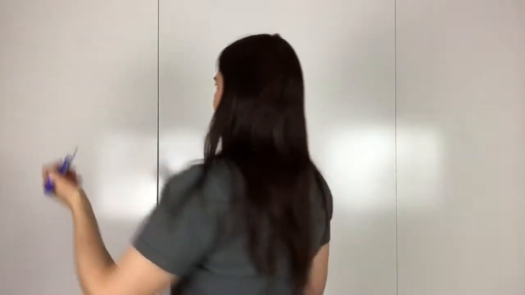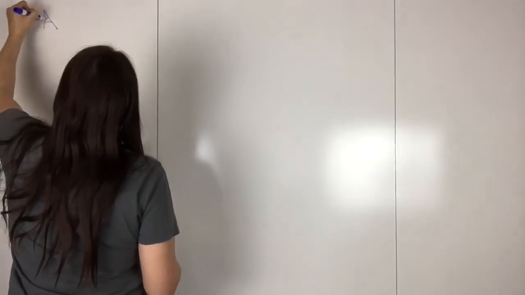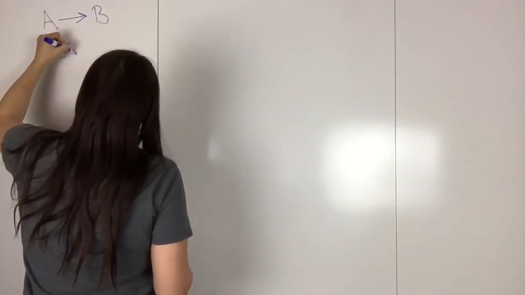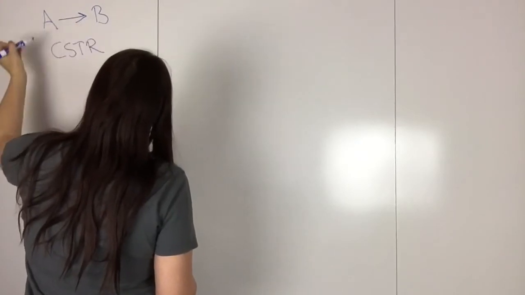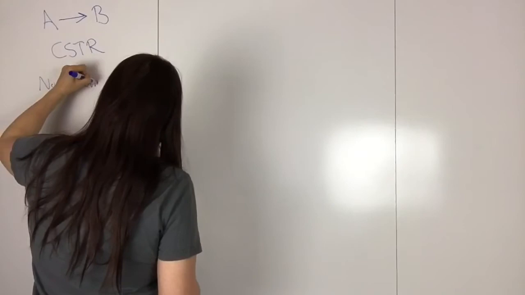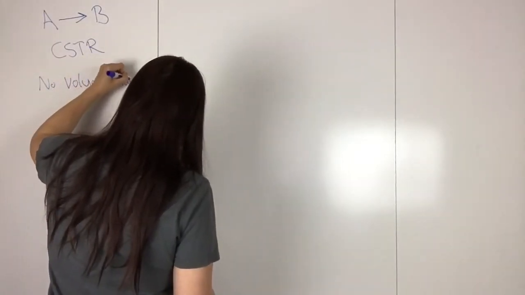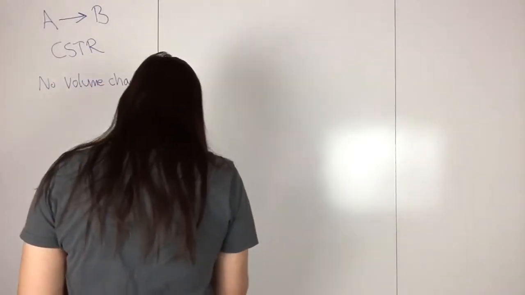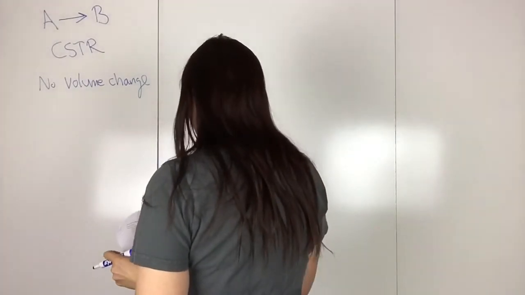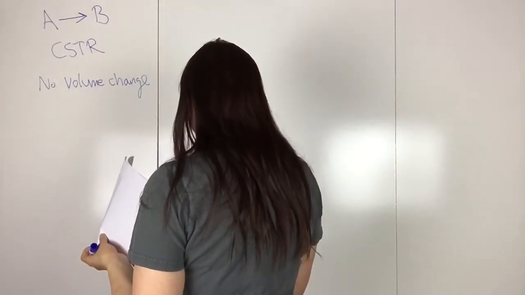Number 2 says you have a reaction with no volume change carried out in a CSTR, A to B. So I'll start writing that down. So you have A to B, CSTR, no volume change. The entering concentration is 2.5 moles per liter.